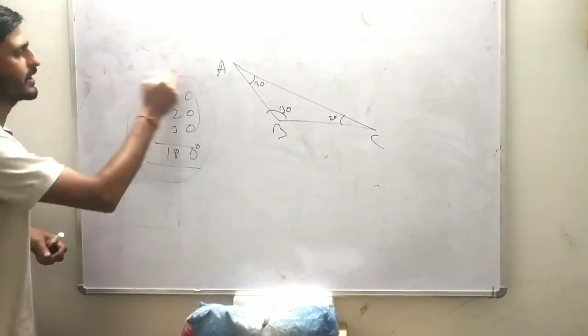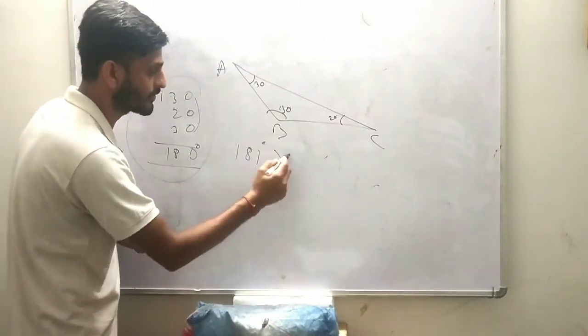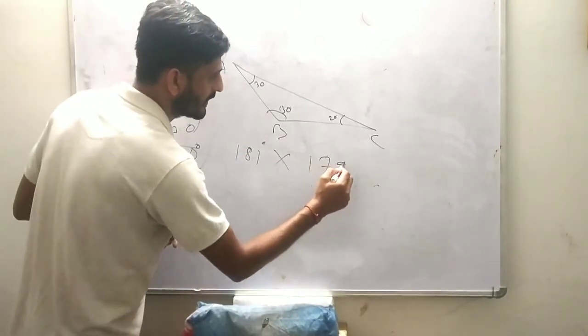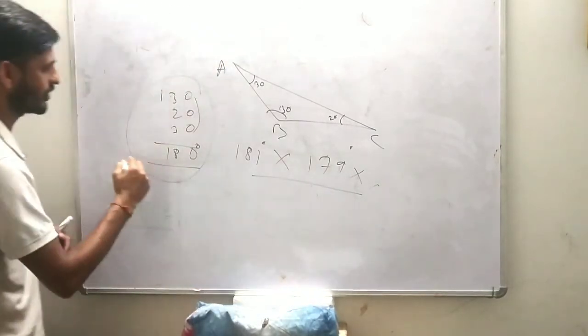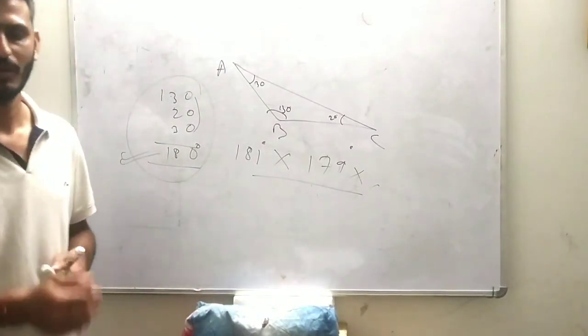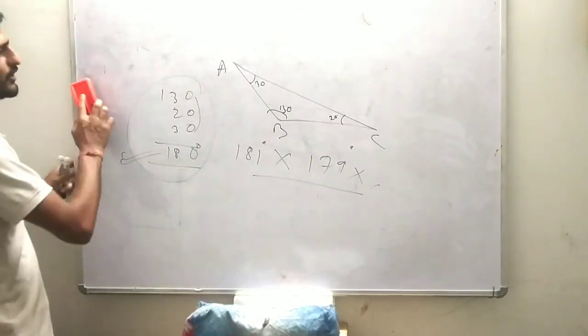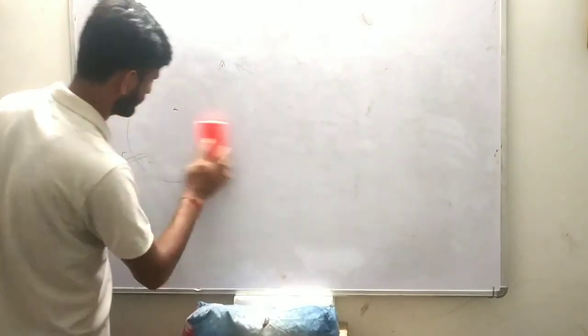The sum of the three angles of a triangle must be 180 degrees. If you get 181 degrees, this is wrong. If you get 179 degrees, this is also wrong. Okay students, now let us move to the next point, that is the altitude of a triangle.